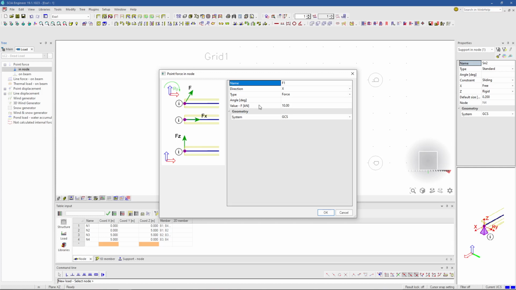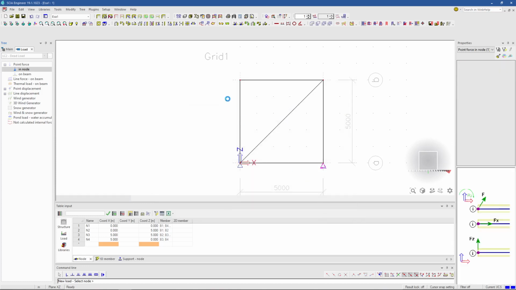So assuming this is 10 kilonewton in the global coordinate system, we'll add this. We'll add this on Z since it's a gravity load pattern. We'll add this here and we'll add this here.